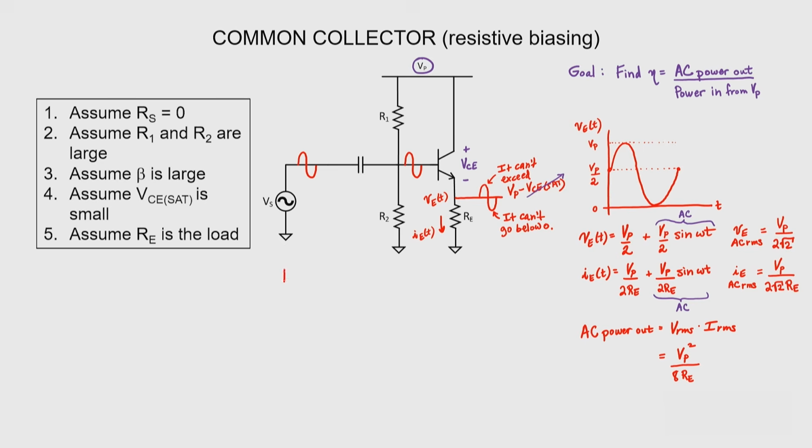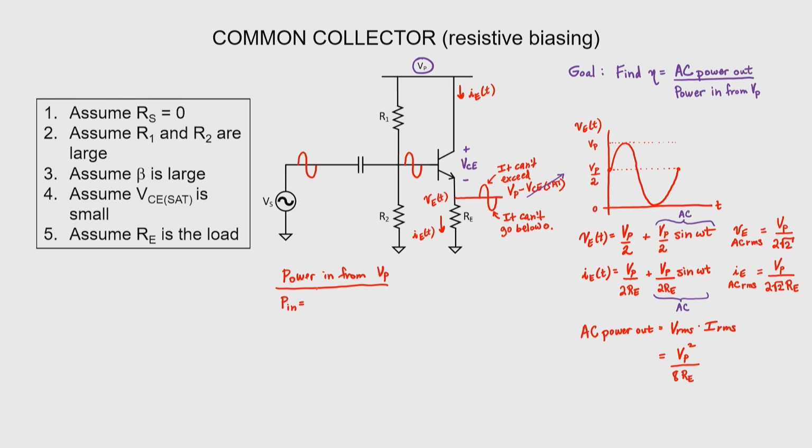Now let's find what the power in from our power supply is. Well, power is just voltage times current. I have an expression for the current. It's just IE as a function of time, and the voltage is just constant. It's Vp. So the input power is going to be given by Vp times IE, and I want the average power, so I'm going to have to take the average over one period.